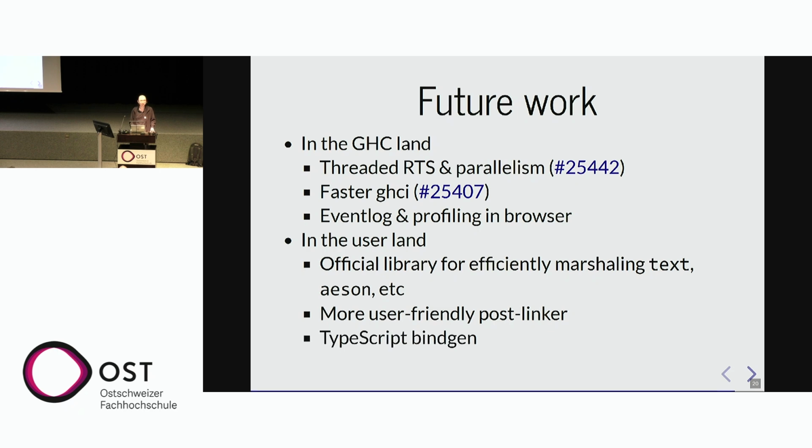And later is something that I've been experimenting with personally, a binding generator for TypeScript, because if you're binding a large TypeScript library, then you don't want to manually write all those JS FFI imports, right? That is very mechanical work. And once you can parse the typing declarations of the TypeScript, then it should be possible to generate Haskell declarations for that. So you can just start calling those TypeScript libraries directly.